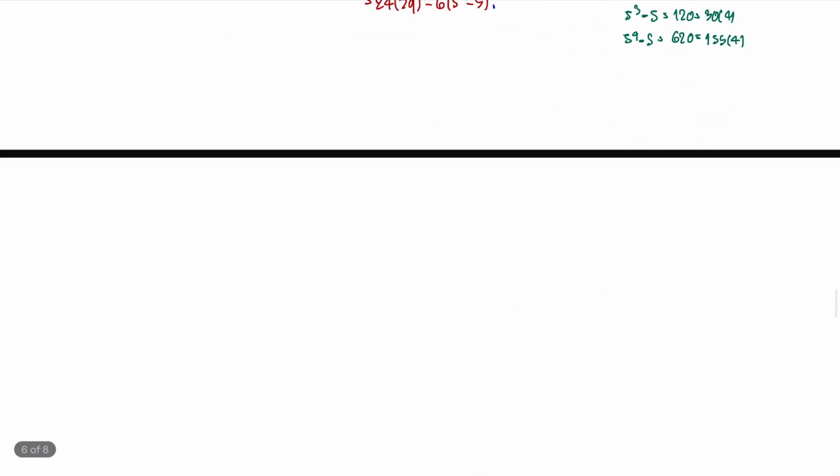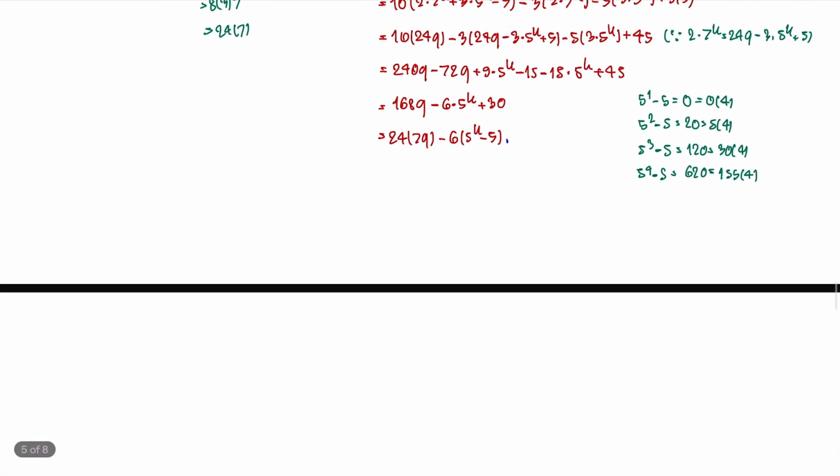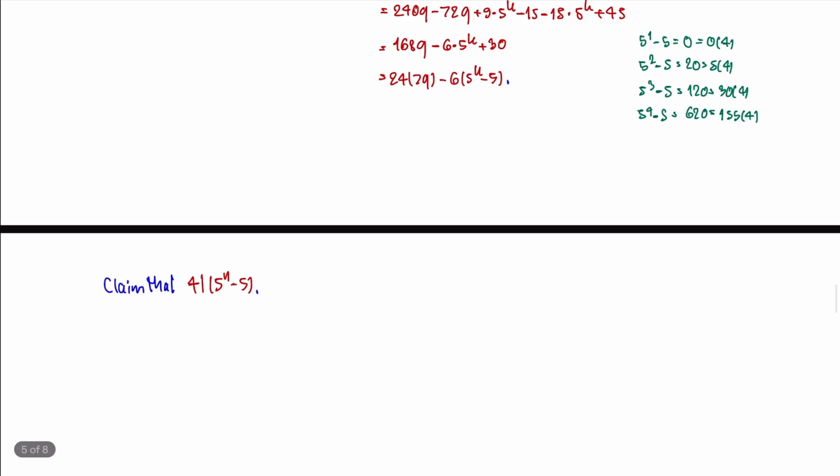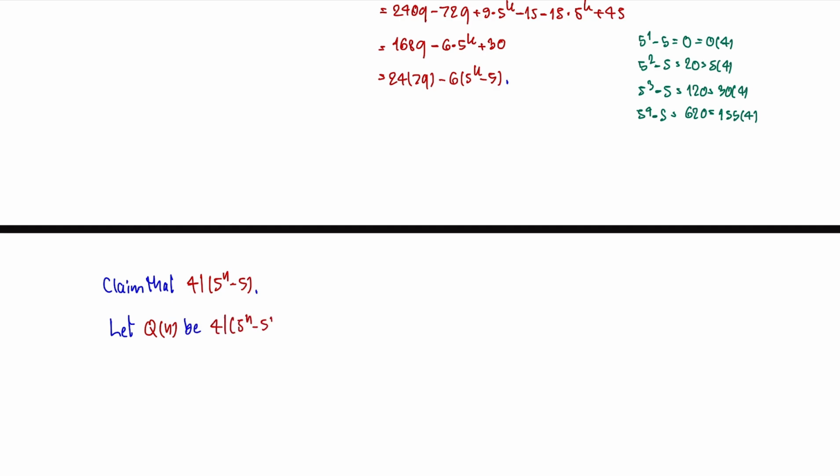So I have to add one more paper, and we have to claim, or show that 4 divides 5 to the n minus 5. So we have to use mathematical induction. So we have to let Q(n) be this statement, 4 divides 5 to the n minus 5.